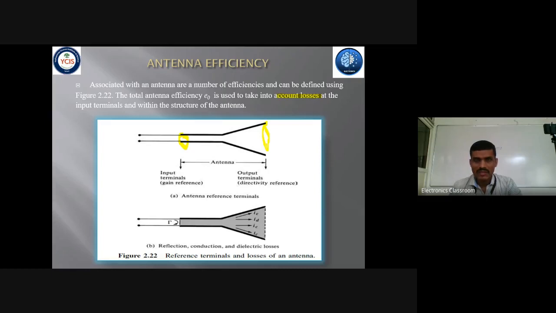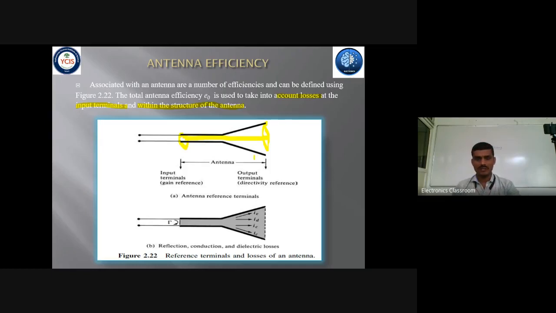That means it takes into account losses at the input terminal and within the structure of the antenna, in the total antenna structure occupied by the metal rods. Losses in the structure of the antenna from the input terminal are called efficiency.